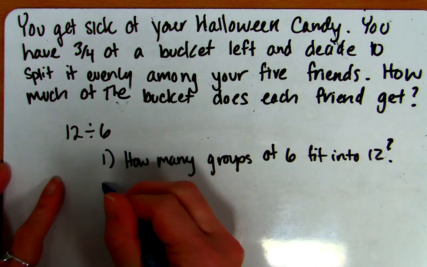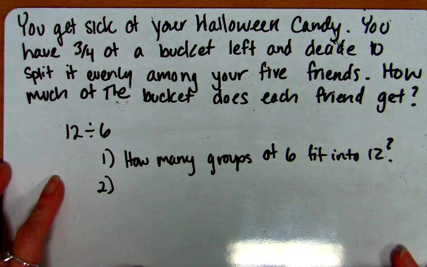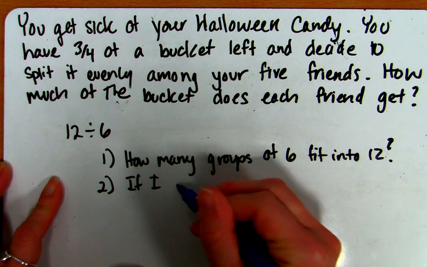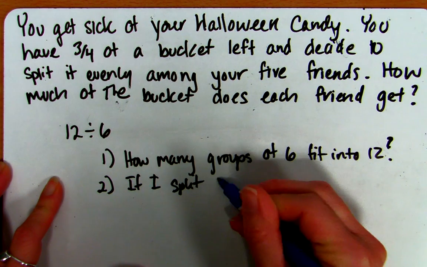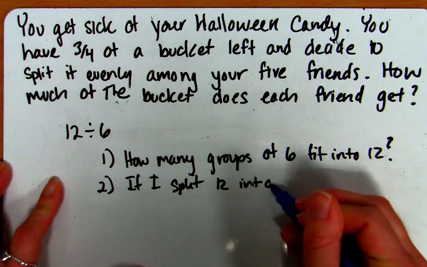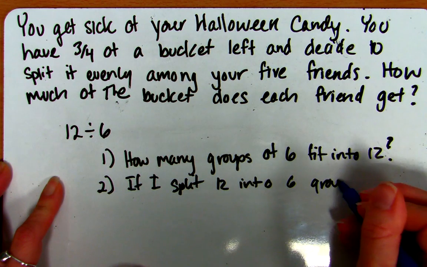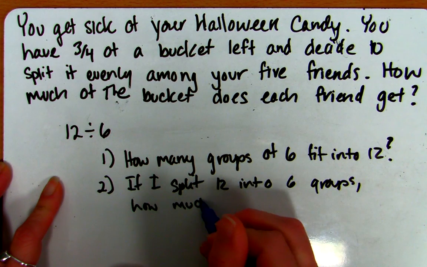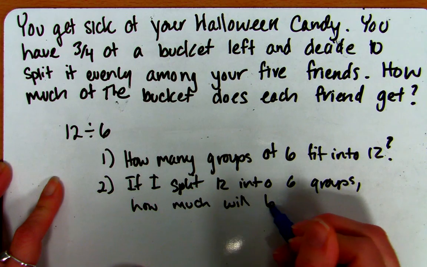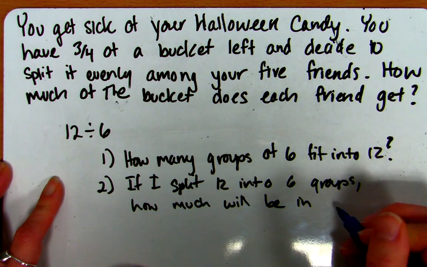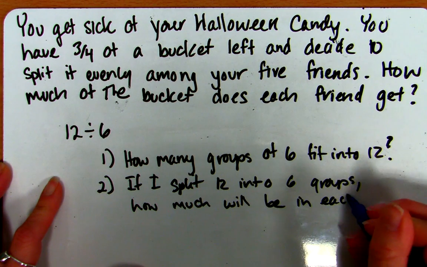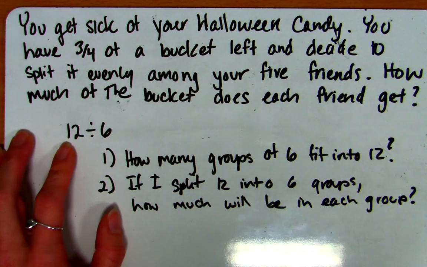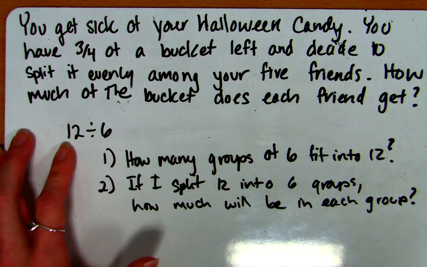So it really helps us to think about division in the other way, which is if I split 12 into 6 groups, how much will be in each group? In which case the answer is also 2. I know if I split 12 into 6 groups, each group will contain 2 things.